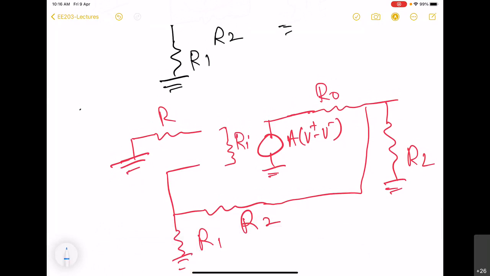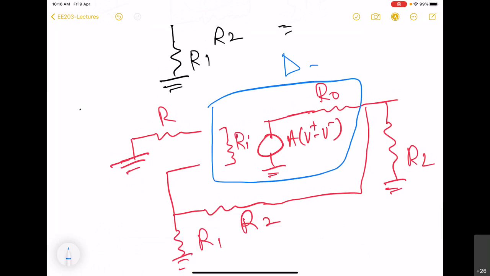So here we see that this is the op-amp. We have taken a non-ideal op-amp where we have finite input impedance and of course finite output impedance, and we decided to break here, right?